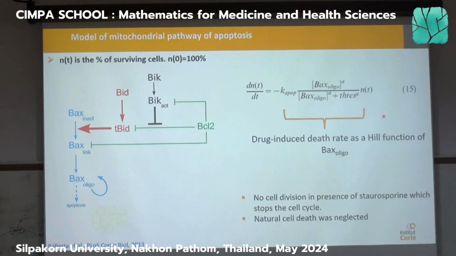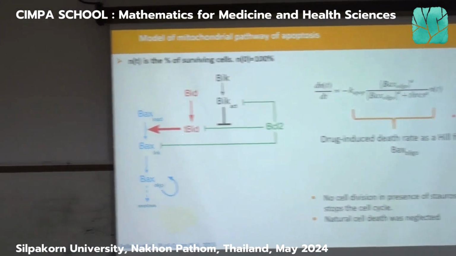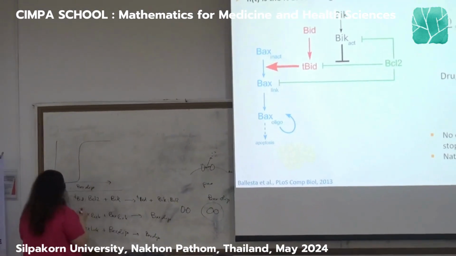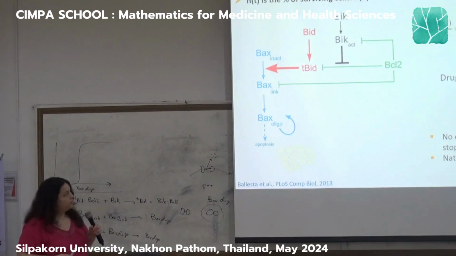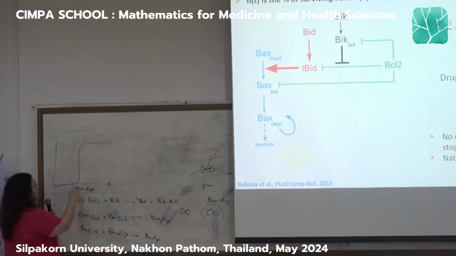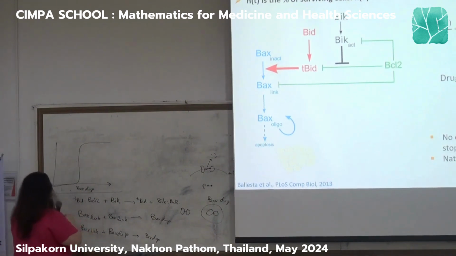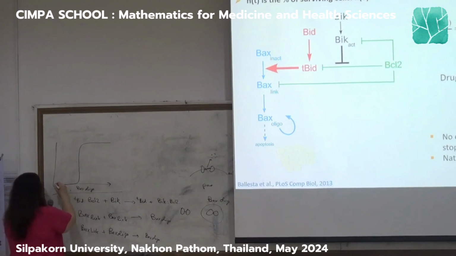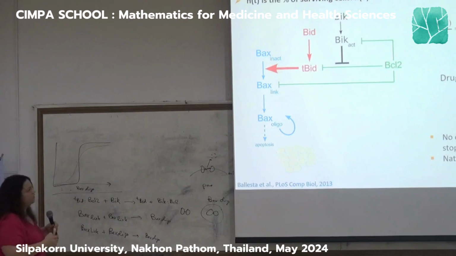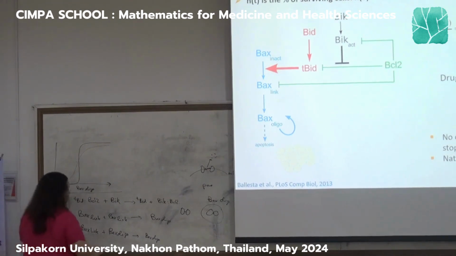With respect to BAX oligo, the rate will have an S shape, something like this. The parameter A will tell you the steepness of the curve. If I had an A that would be lower, I would have something less steep, like this. But in that case, n was 24, so we have something which is more like the black curve. So I'm going to click on the black curve.